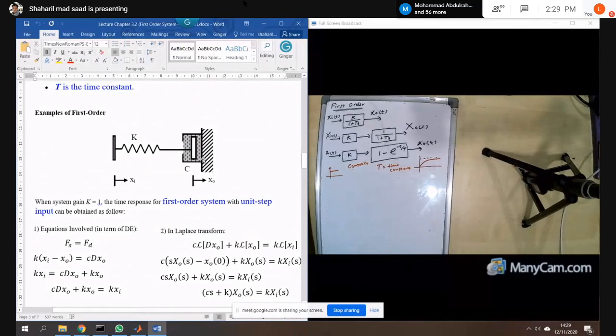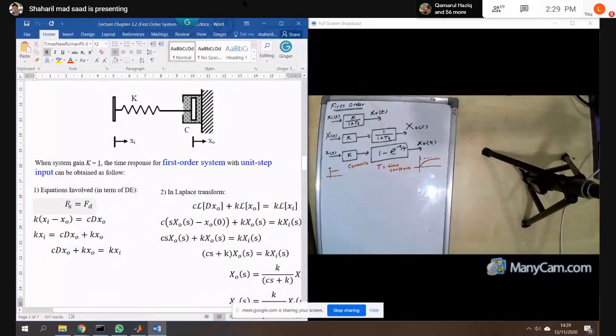This is an example of the first order system where you have a spring with stiffness K, and then you have the damper. That's it, only two components, spring and damper.